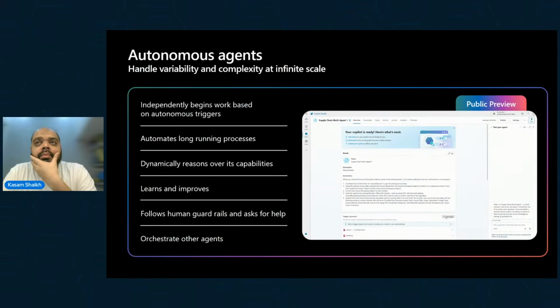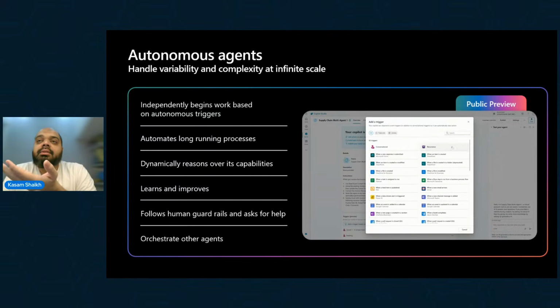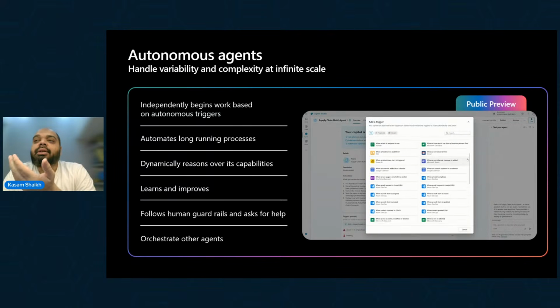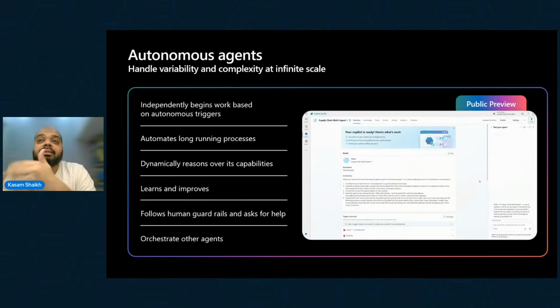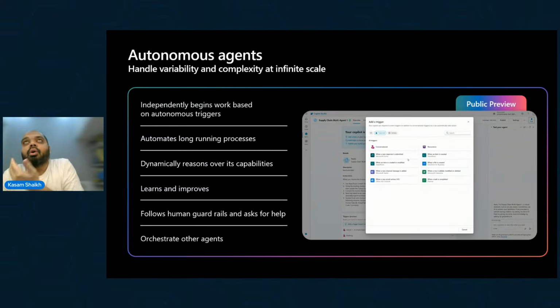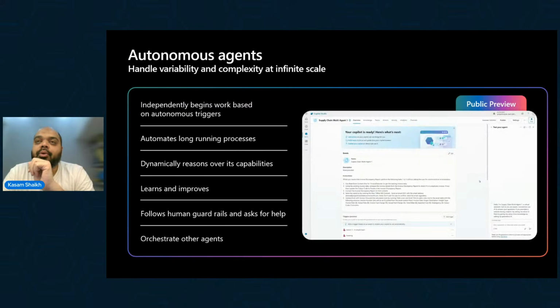So now you can tell your agent to listen for and react to an event. So it's not just a chat, and then use generative AI to cascade and orchestrate those complex, long-running business processes, allowing it to act autonomously with less human intervention. Of course, with a human in the loop, but with less human intervention.